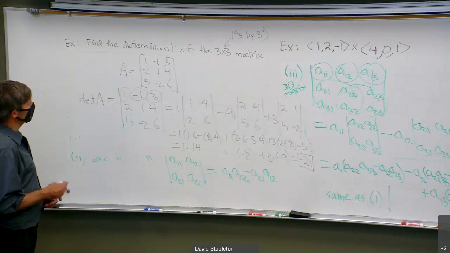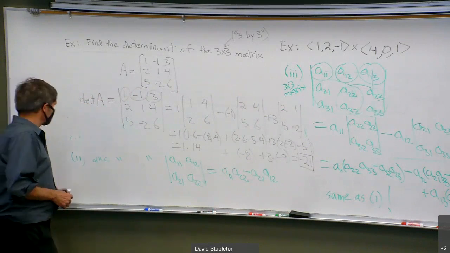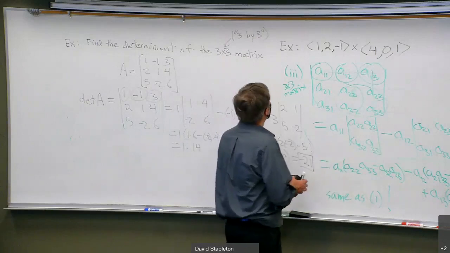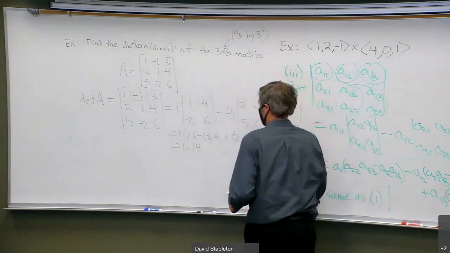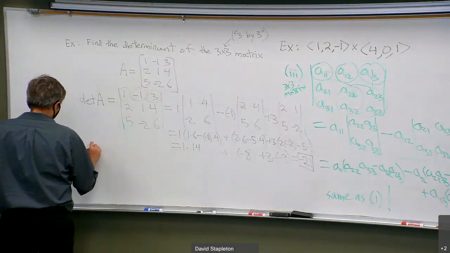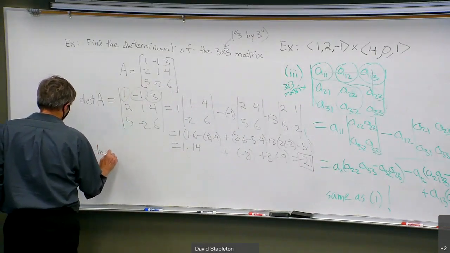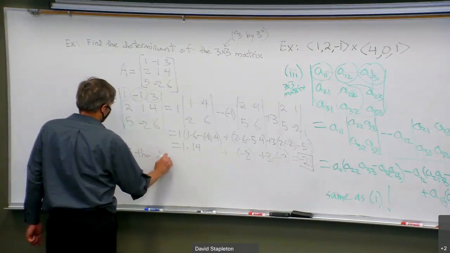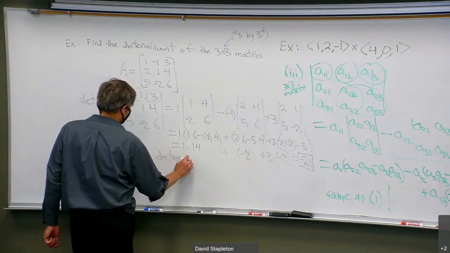Now we'll finally get the easy definition. In terms of these, that is 3 by 3 matrix.